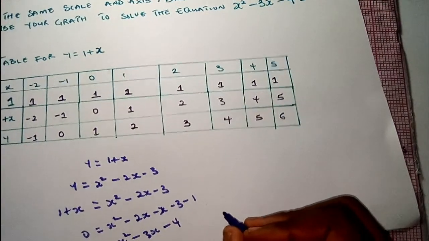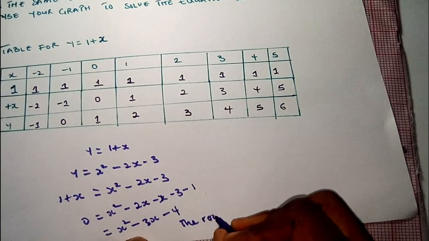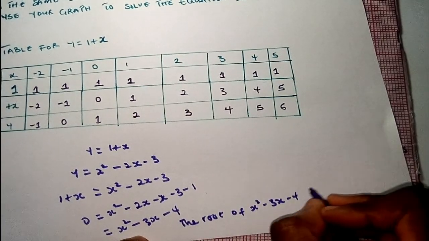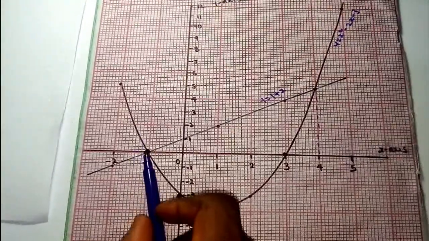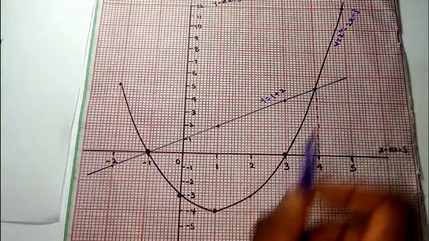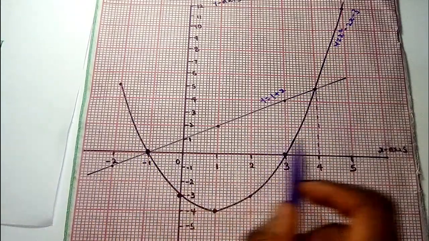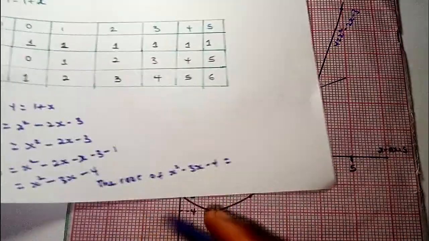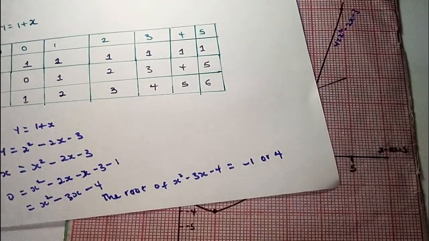So you can say the roots of x squared minus 3x minus 4 from the graph, like we said, where the linear graph and the curve intercept, so the intersection, you mark it out, and then you mark it out here for the x-axis only, then you get minus 1 or 4.